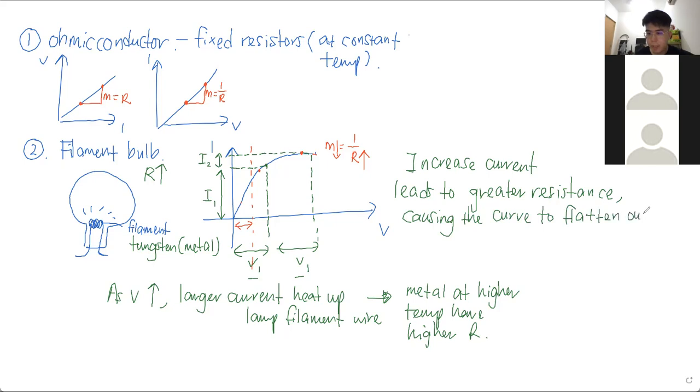What curve? The VI graph curve, okay? To flatten out when higher voltage tries to drive higher current. Okay, so that explains the VI graph of the filament bulb.